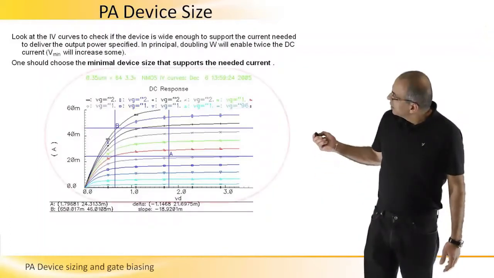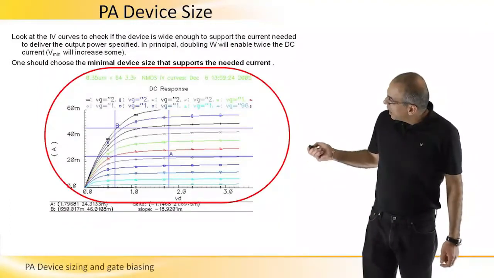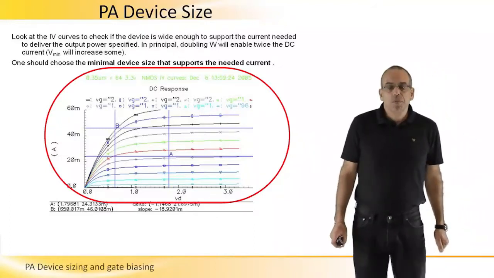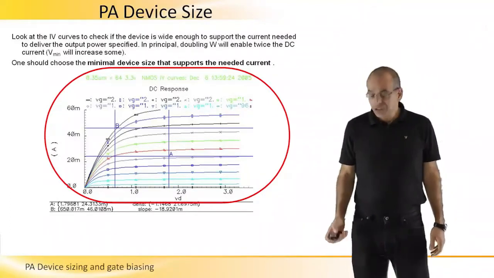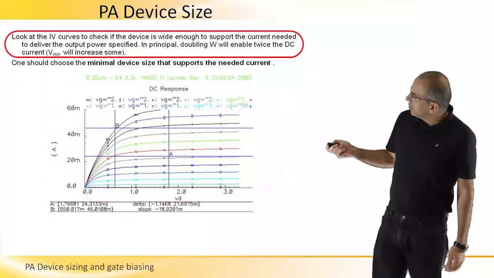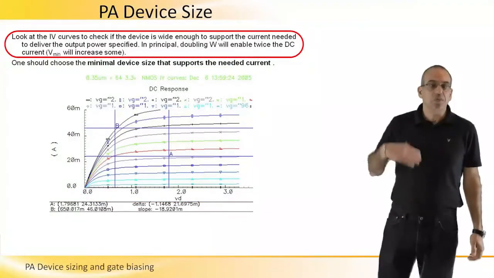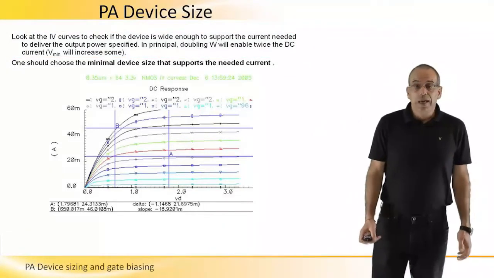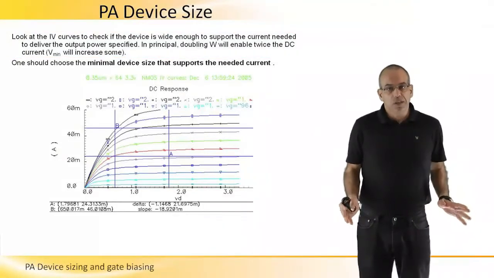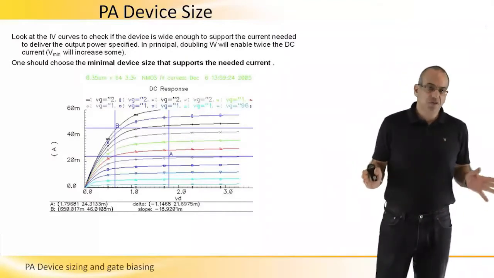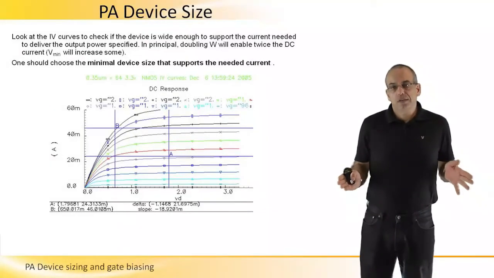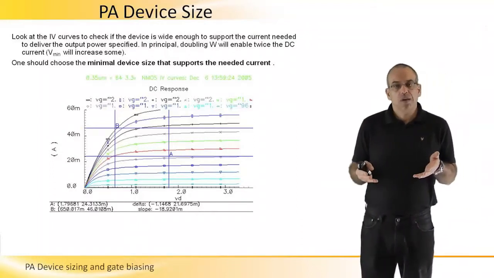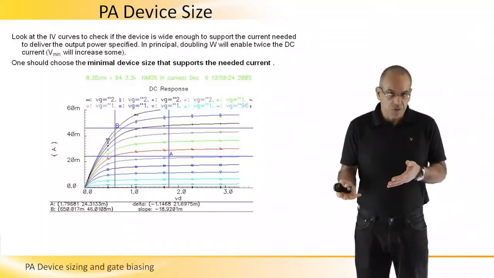So the IDVD description of this transistor needs to support the current levels that the transistor needs to be able to push or to drive into the load. And we need to make sure that we take a wide enough transistor such that these currents will be possible to drive.